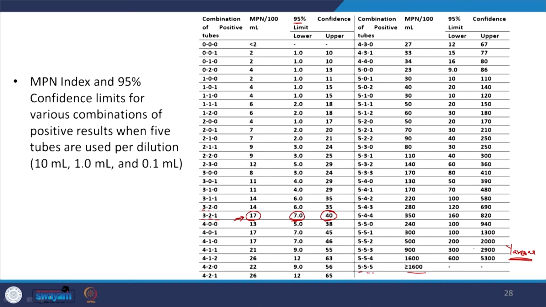If you take a sample downstream, you will see that it is remarkably teeming with different kinds of pathogens and microorganisms. In that case, you will have to dilute that water a lot before you conduct this test. If it is all 5, 5, 5, what do you need to do? You obviously need to dilute it so that you come to a more measurable range.